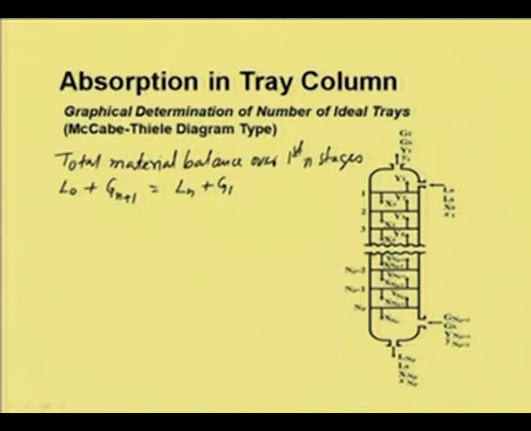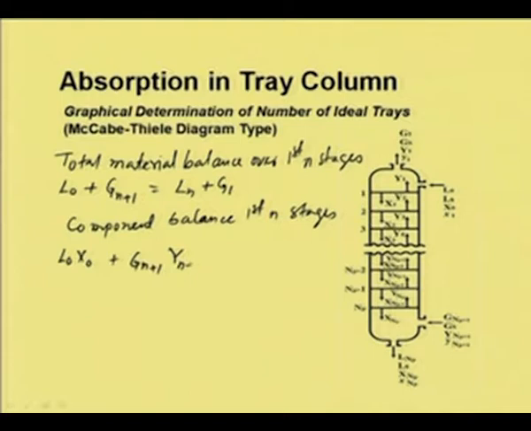And if we do a component balance over the first n stages, it will give L0 x0 plus Gn plus 1 Yn plus 1 is equal to G1 Y1 plus Ln xn.